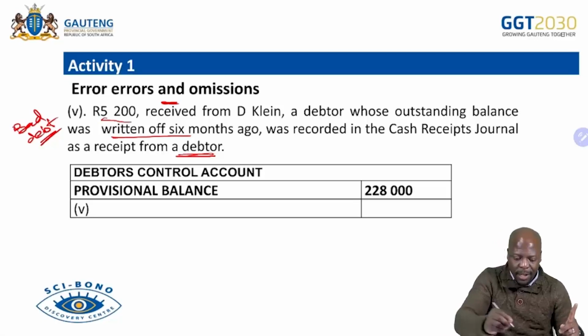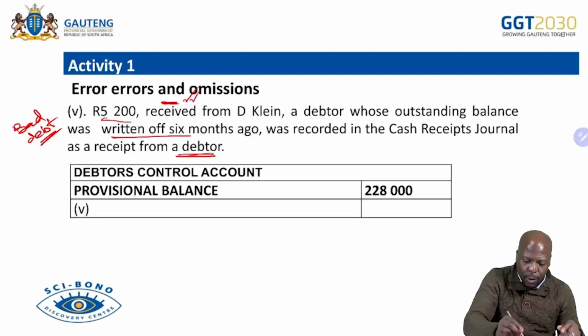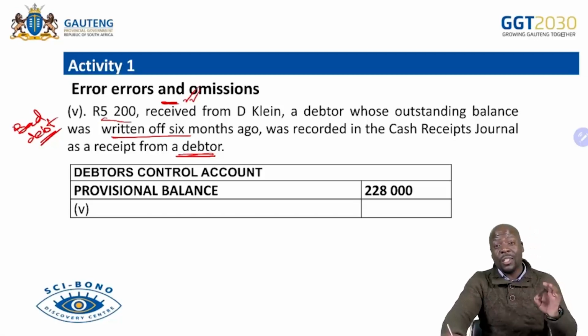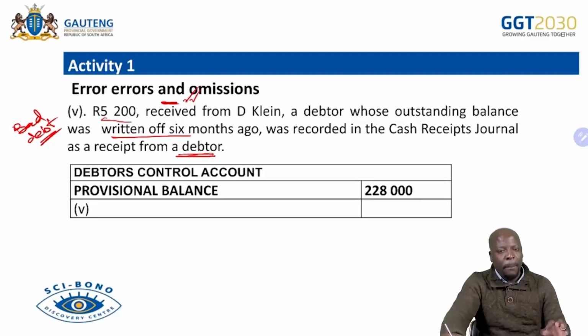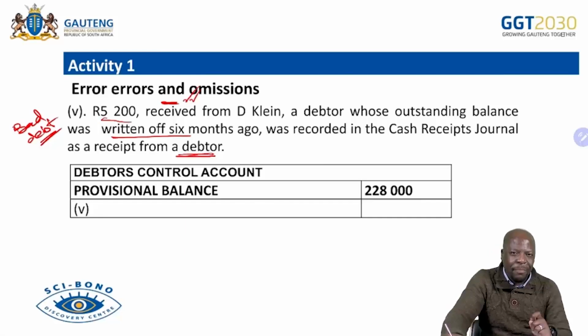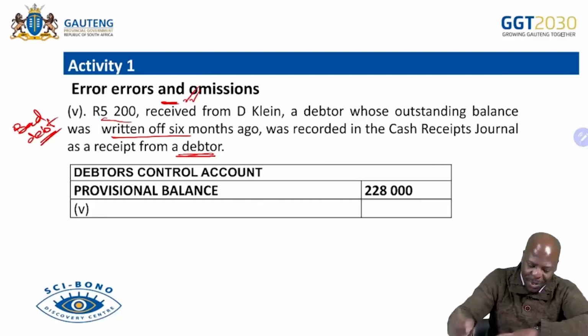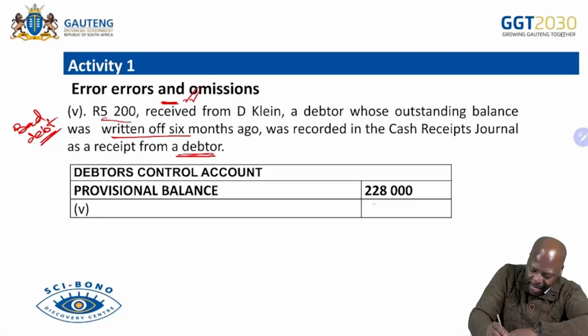So what we did is we reduced 5.2 from our debtors. Was that right? No, because he is no longer part of our debtors. We have written him off. So if we subtracted in error, what then do we do? We go and we add it back.